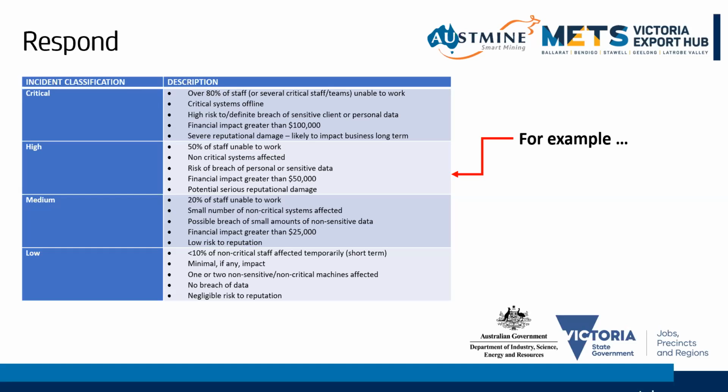And so you can see through the various levels. Again, as I said, this is a really great way for you to think about, for your own organization, what constitutes critical, high, medium, and low classifications in terms of a breach. This is an example. You're going to determine each of those steps for your own organization.